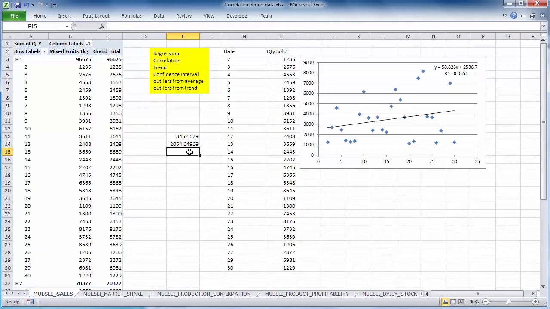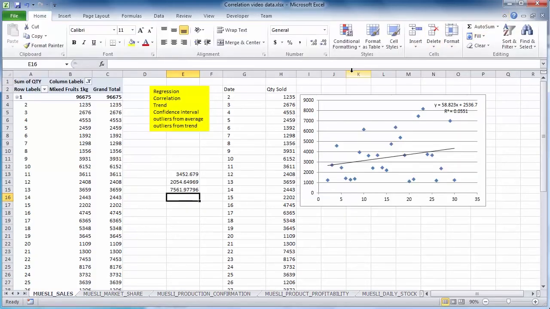If I'm interested in an outlier from this average, then a 95% confidence interval would be 2 times this plus the average. So anything above about 7,561 would be considered an outlier from the average.